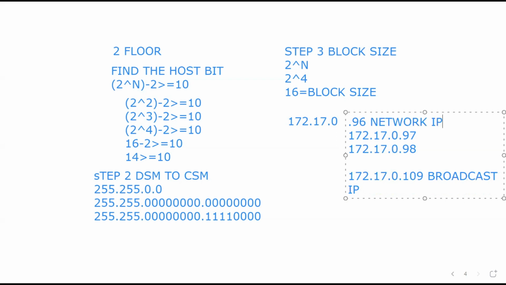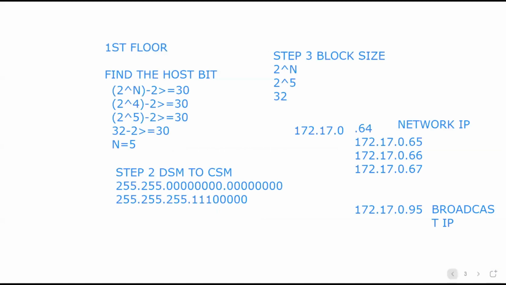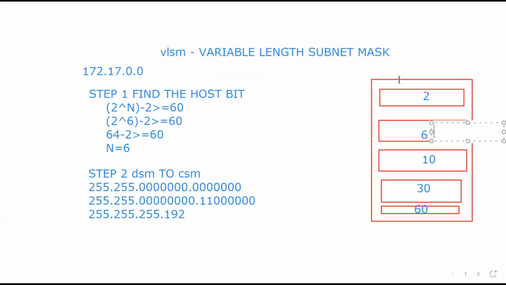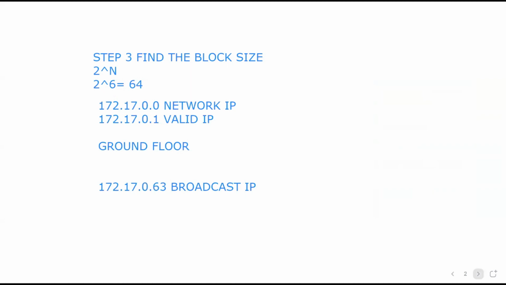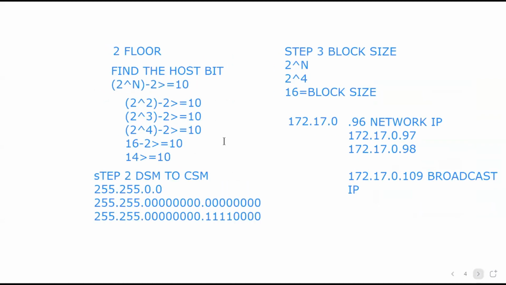Okay. Then for the third floor, we will do the same steps. Here 6 IPs are for the third floor, and 2 are for the fourth floor. For the third floor we have to assign 6.